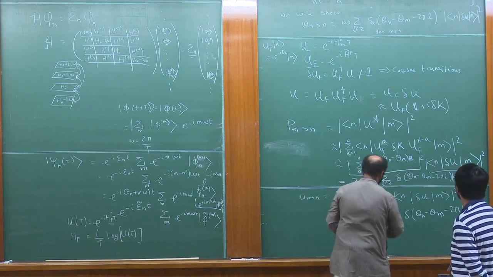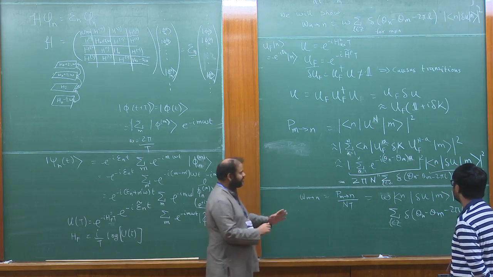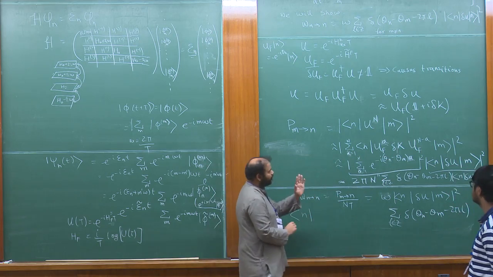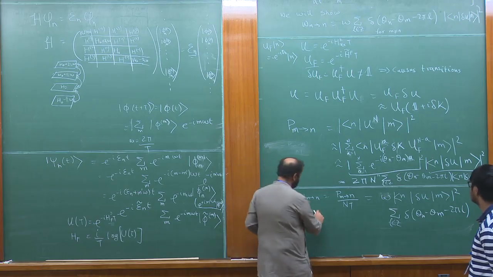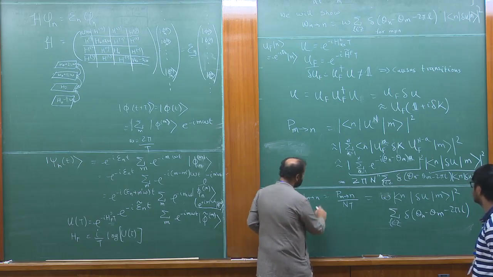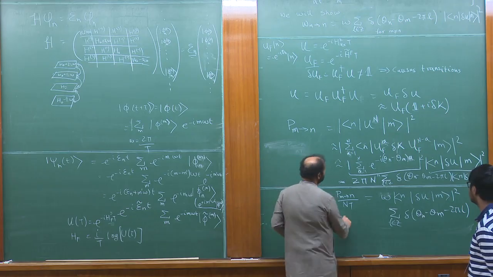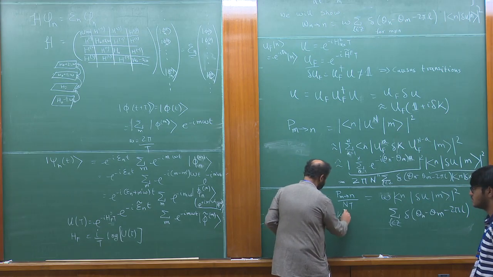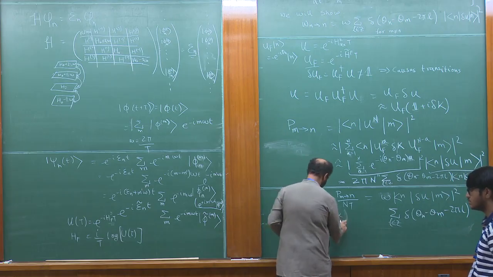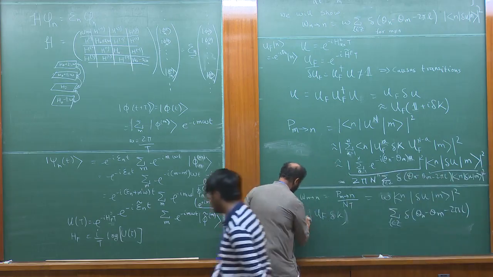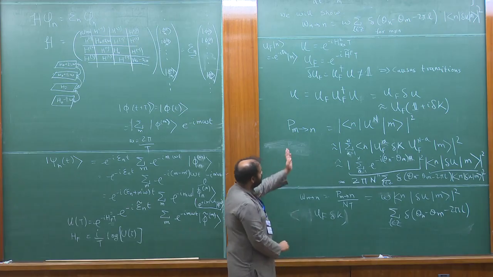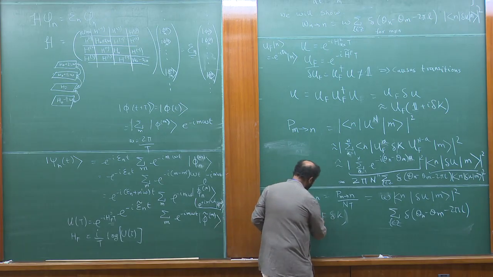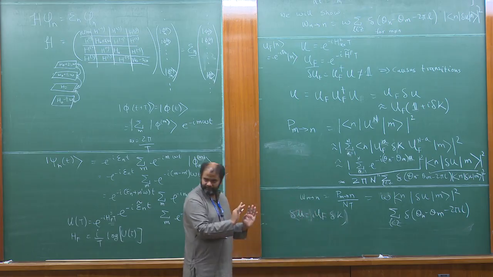Let's just put it like this: what is my delta U? My delta U is UF times i delta K, right?